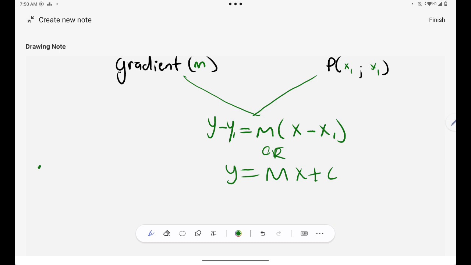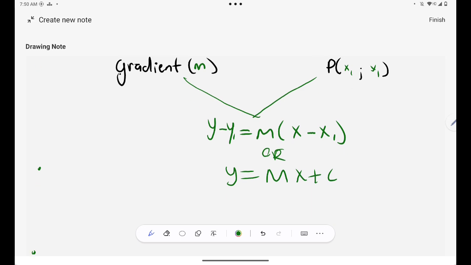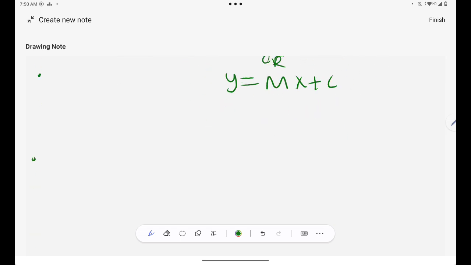So now I want to teach you how to find the gradient.